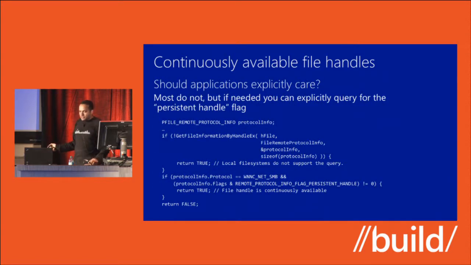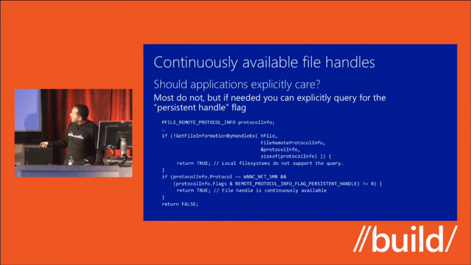Now, if you're writing a native app, should apps really care about continuous availability, or do they need to be aware of it? For most purposes, you don't need to be aware of it. It's automatic. But let's say you're writing a database or a high-performance app, and you want to make sure that the file handles below you are continuously available.